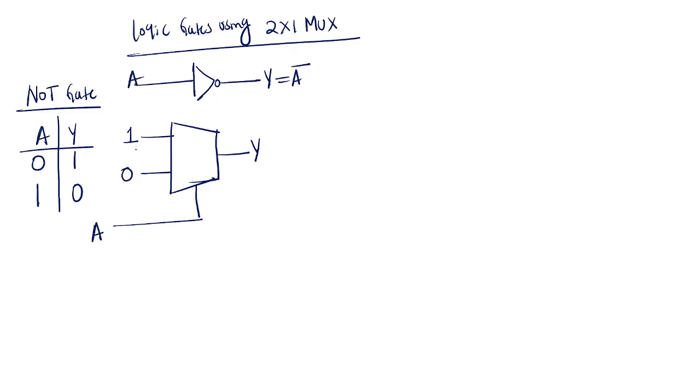See here, when A equals 0, the input is connected directly. If you see Shannon's equation, Y equals A bar and 1 plus A and 0, so Y equals A bar. You got the expression for the NOT gate.